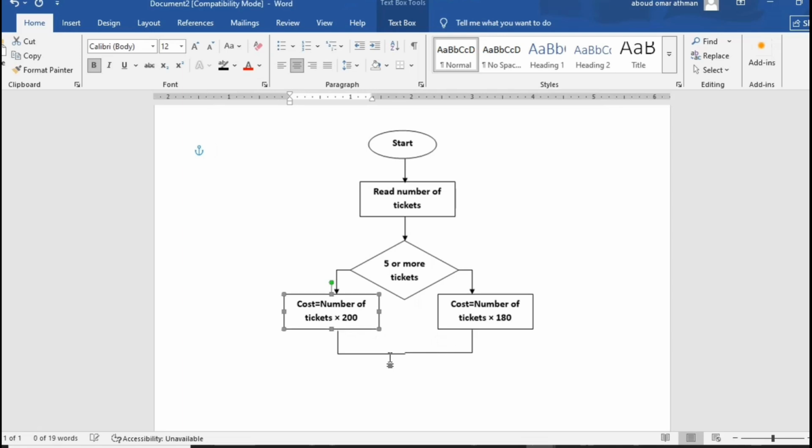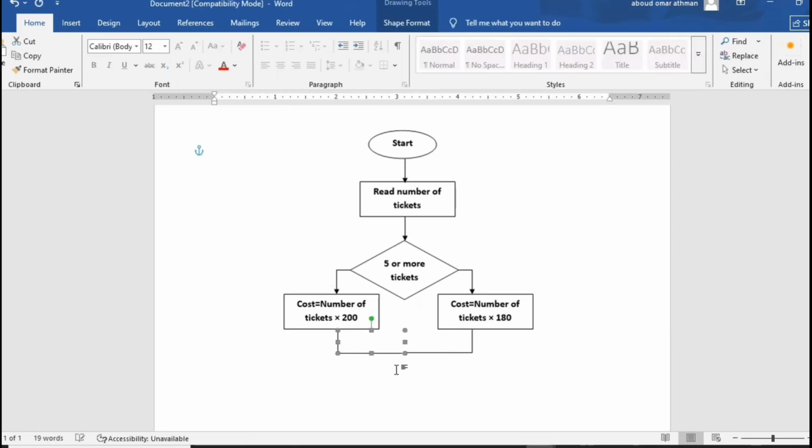And then from there, the process will go to the next step, which is to output or produce the results, and in this case the output is the cost, and the process will terminate or stop, end if you like.